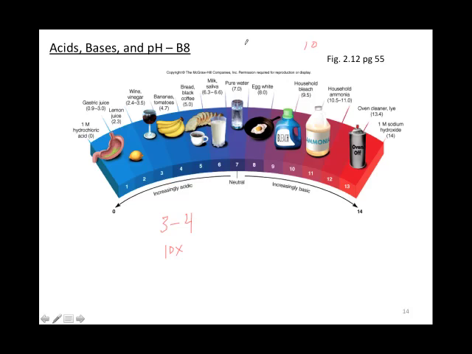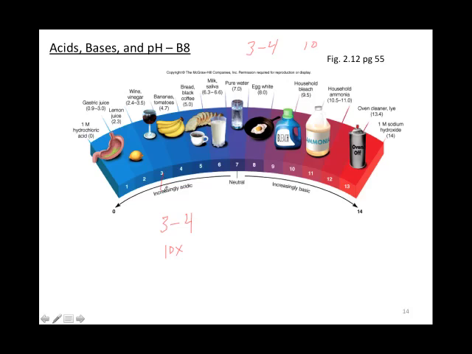When you compare that to an earthquake that is a 3 on the Richter scale, it's very weak. But from 3 to 4 on the Richter scale, a 4 is 10 times as strong as an earthquake that was a 3. In the case of pH, of course the numbers go backwards, a pH of 3 is 10 times more acidic than something of pH of 4. We could also say in the reverse, that a pH of 4 is 10 times less acidic than something of pH of 3.